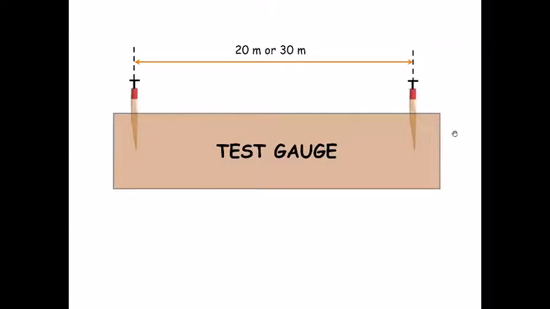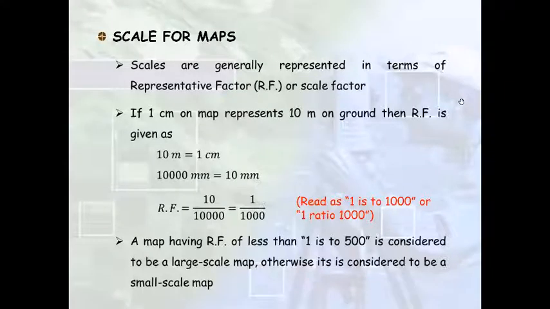If your measuring tape tells you that the distance is 20 meters or 30 meters, that means it is working rightly. If it gives you a distance lesser than or more than that, that means there is some error in the measuring tape and you need to correct it. Usually there is an error and you need to perform some corrections, and we'll talk specifically about those corrections.